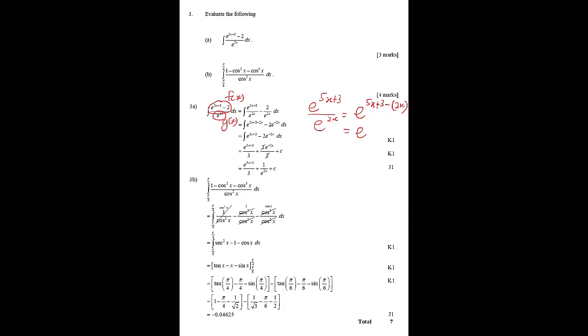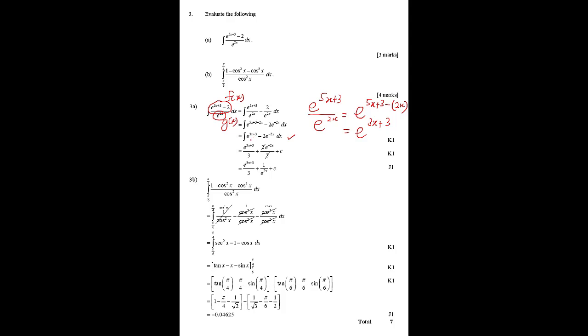So that's why you will get e to the power 3x plus 3. For the second term, you can bring the denominator up as the numerator, but you need to change the sign, so the power becomes negative. After you get this form, you can integrate separately.